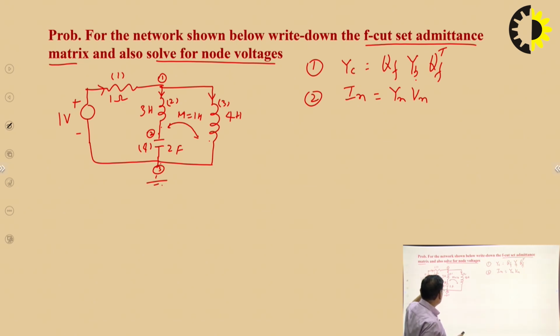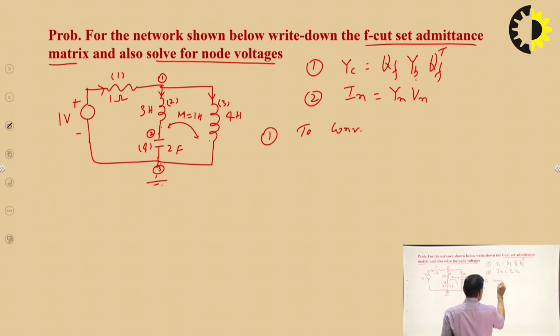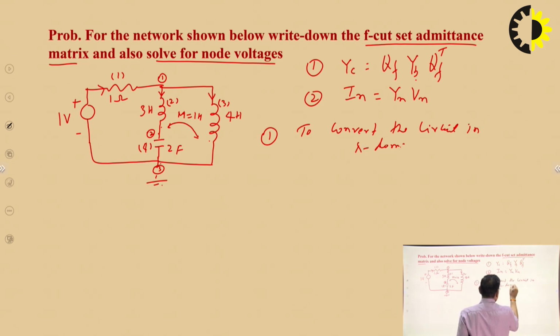Now, we can see that the network is given in resistor, inductor and capacitor values in ohms, Henry and farad. So, first job is to convert the circuit into S domain. First and foremost you have to convert this circuit into S domain. It will be like this.